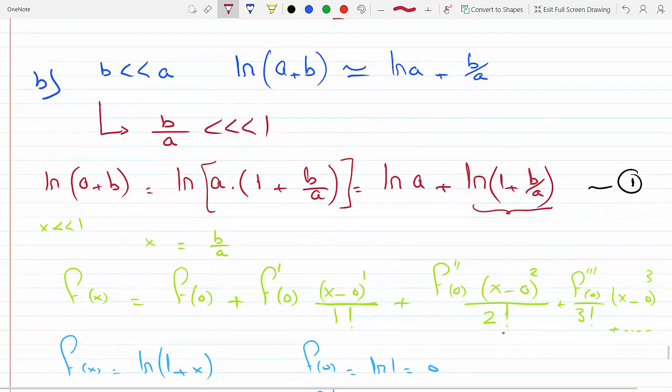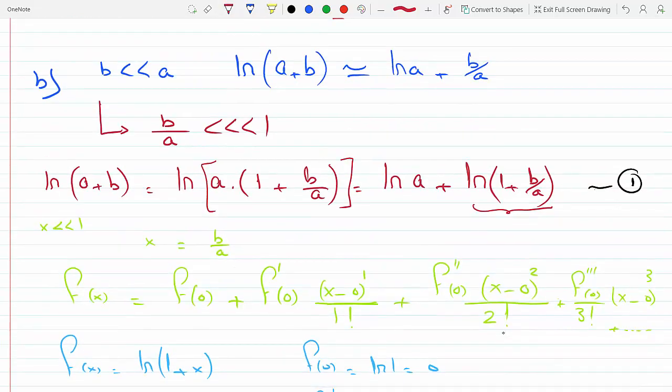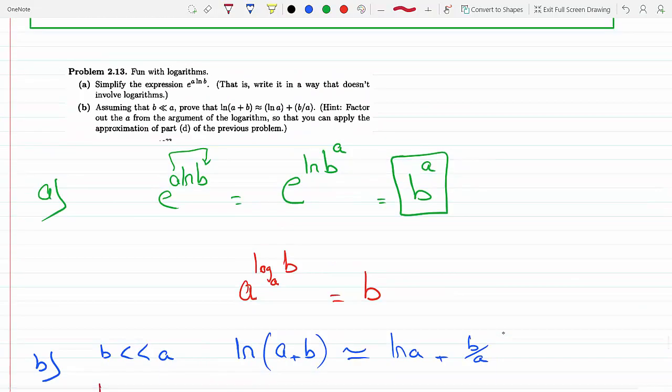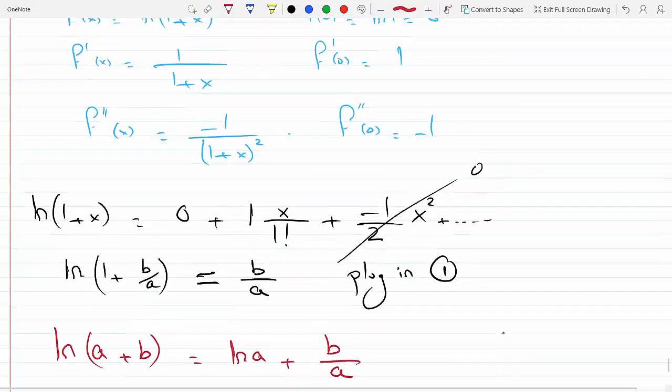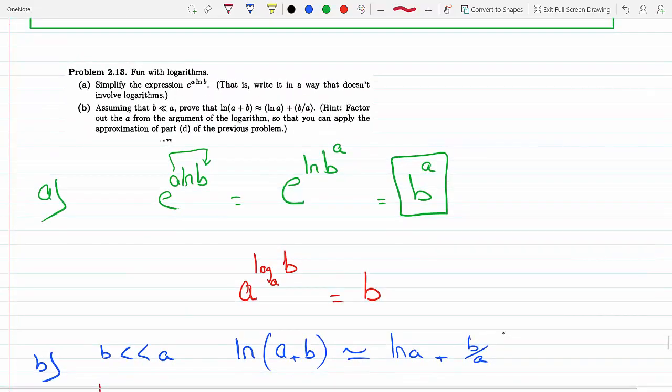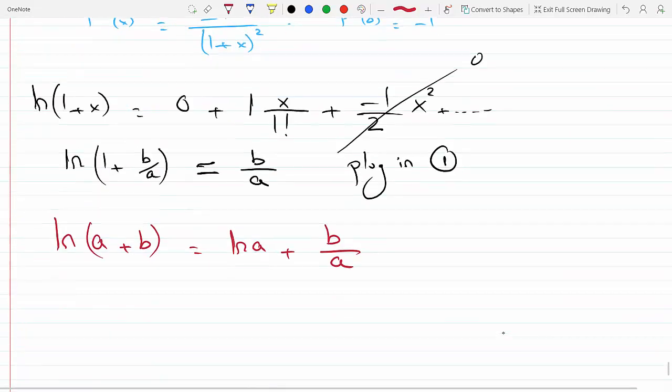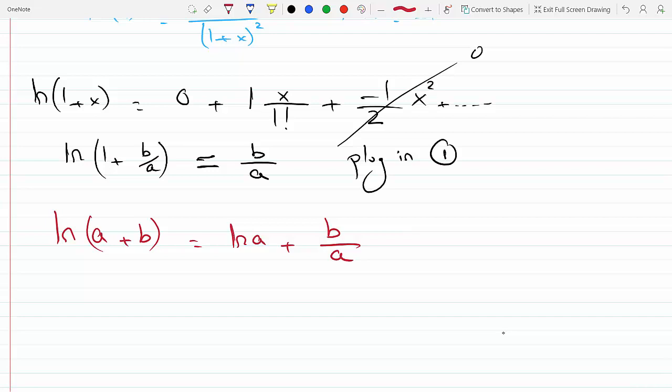Are we done here? We are trying to prove this, and we did. So that means ln of a plus b is approximately ln a plus b over a. This is the desired result.